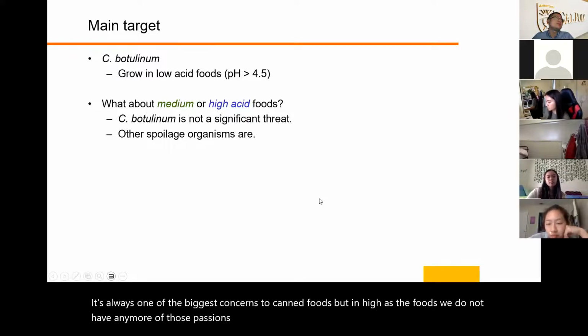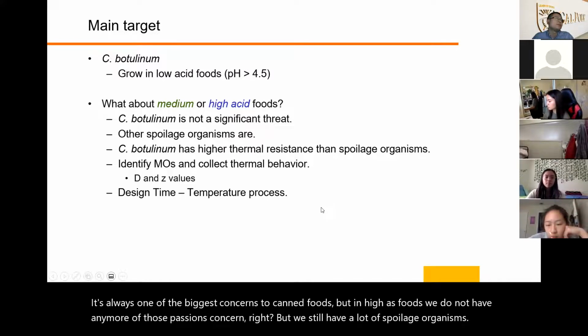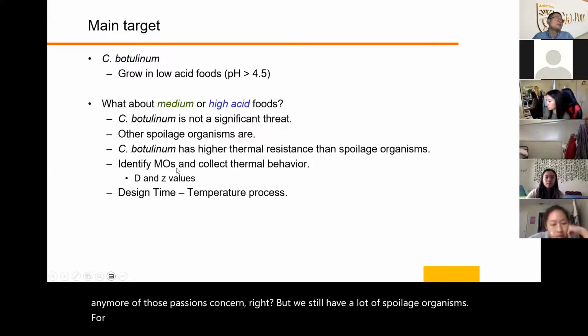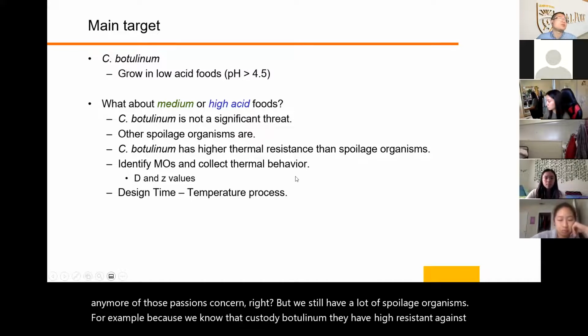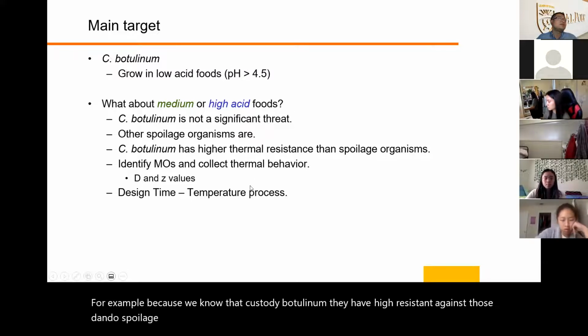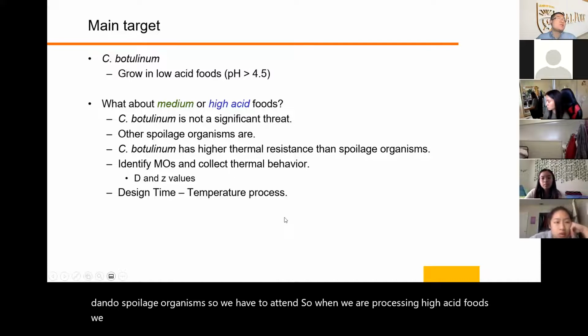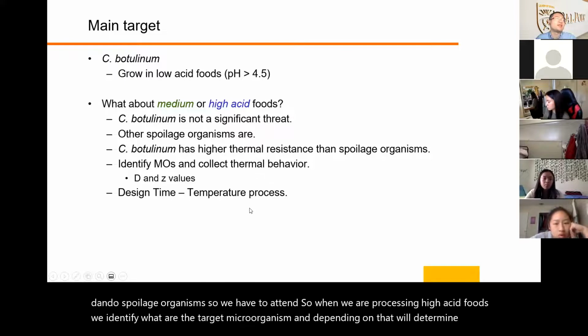But we still have a lot of spoilage organisms. Because we know that Clostridium botulinum has higher resistance than those spoilage organisms. So when we're processing high acid foods, we have to identify what the target microorganisms are, and depending on that, that will determine our processing time.